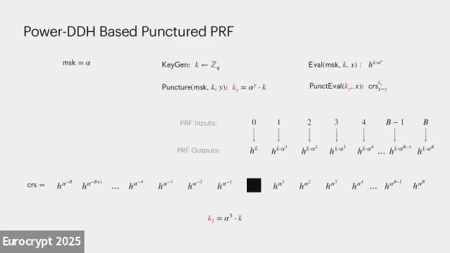So the punctured key would be alpha cubed times k. This means that when we exponentiate, for example, with h to the alpha to the minus 3, because the punctured key is already shifted by alpha to the 3, we end up with h to the k. Similarly, when you take h to the alpha to the minus 2, we end up with h to the k to the alpha power 1, and so on.